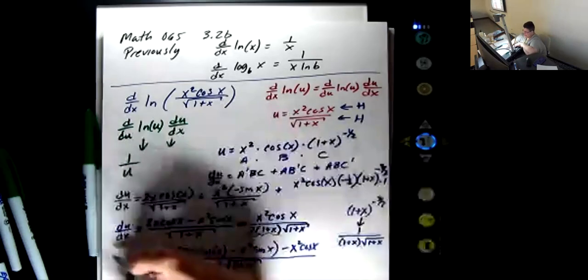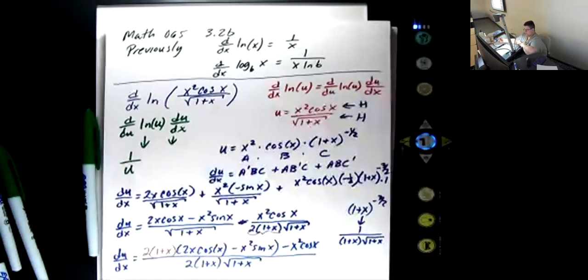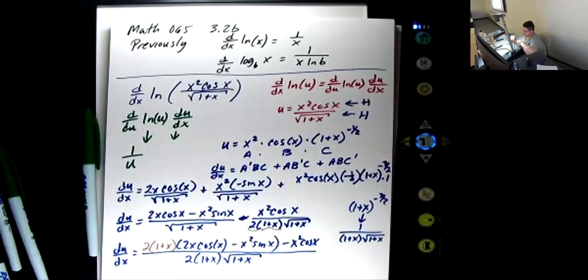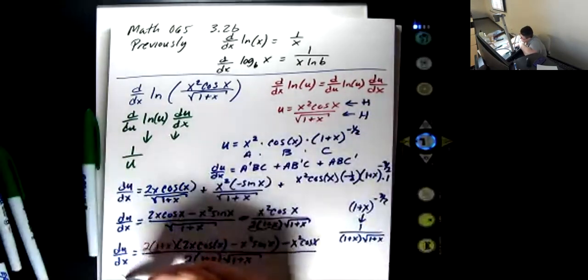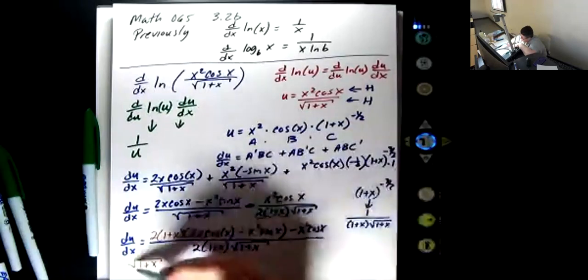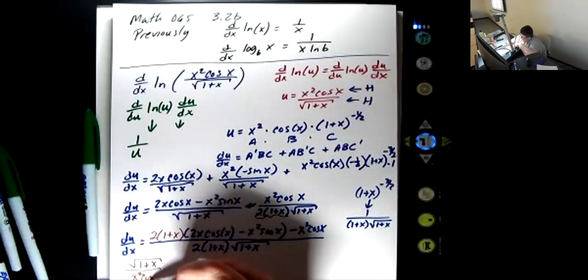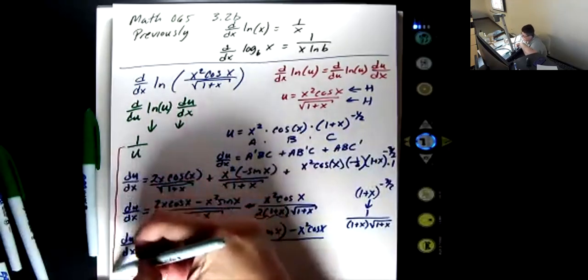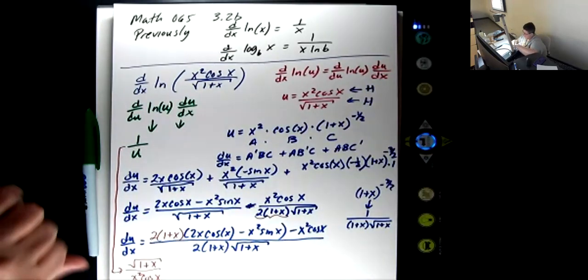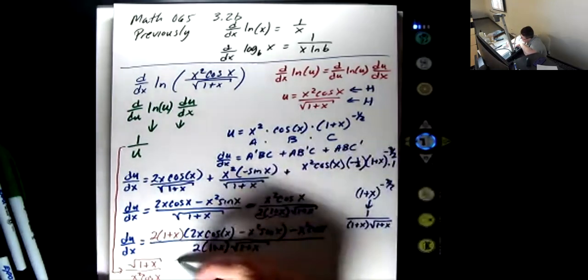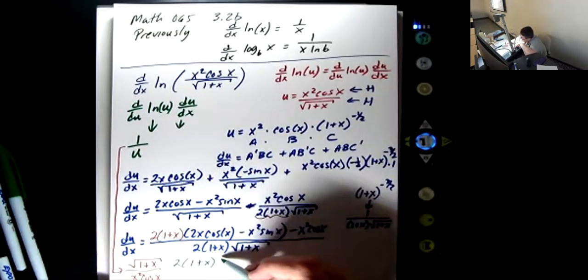That's just the du/dx. So 1 over u is just going to be u flipped over. I will have square root of 1 plus x over x squared cosine x. That's my 1 over u. And I still have this marvelous thing that I did not bother to multiply out.